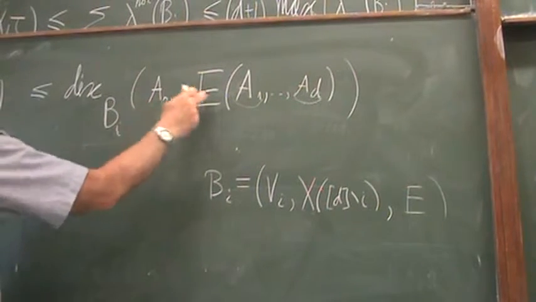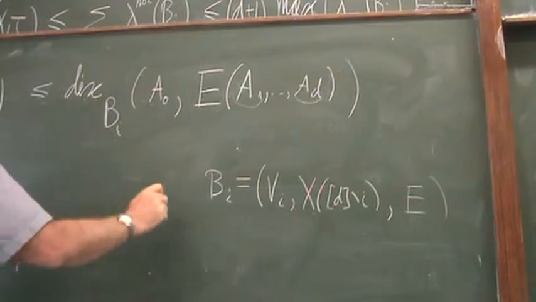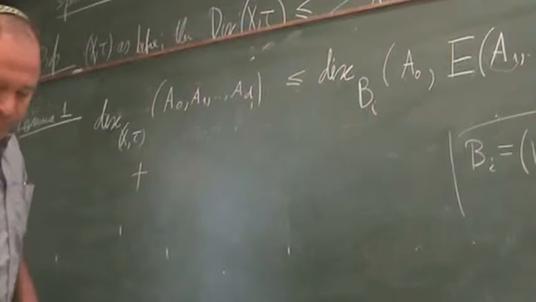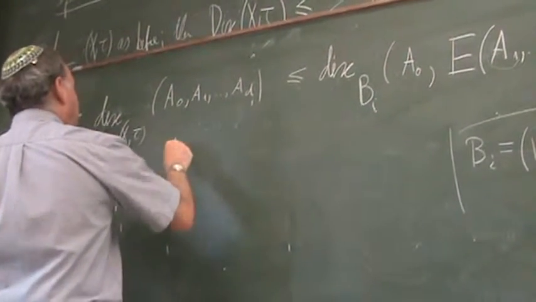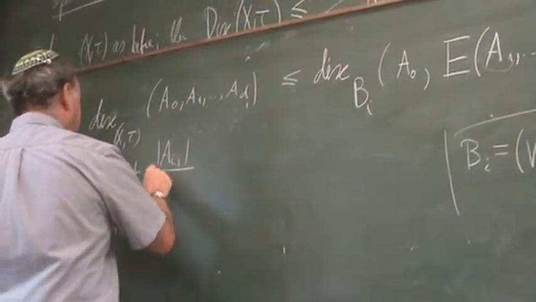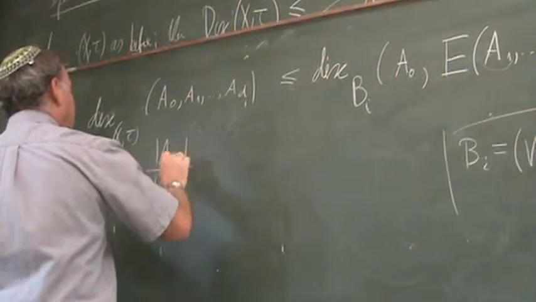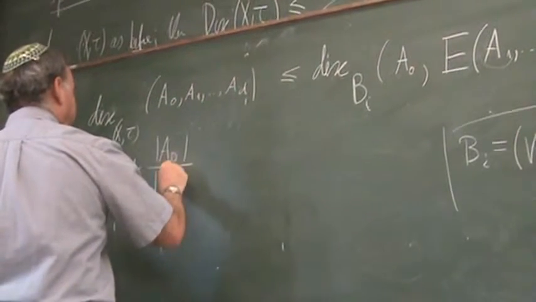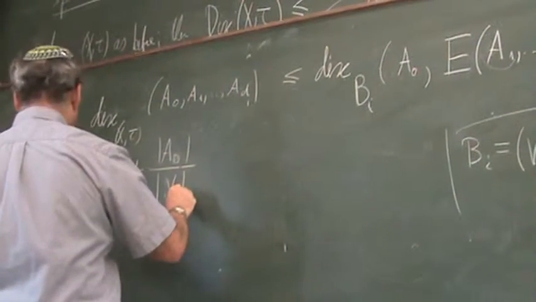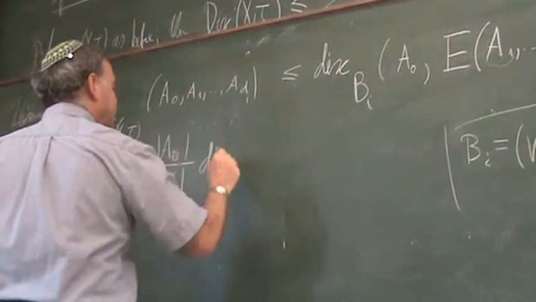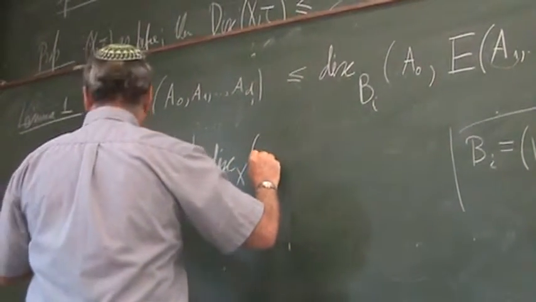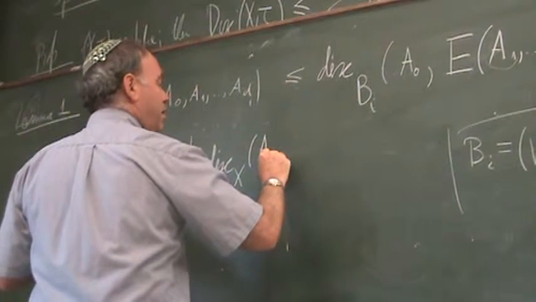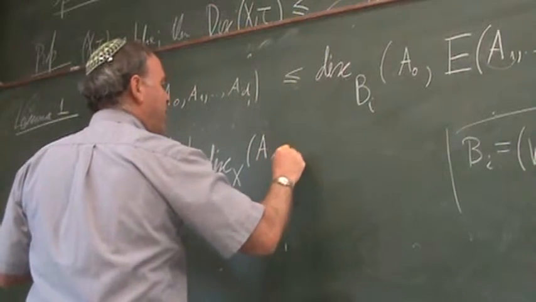And I ask what the discrepancy is in the bipartite graph, but this is not the end, plus A_0 divided by V_0 times the discrepancy in X of the set A_1 up to A_D.